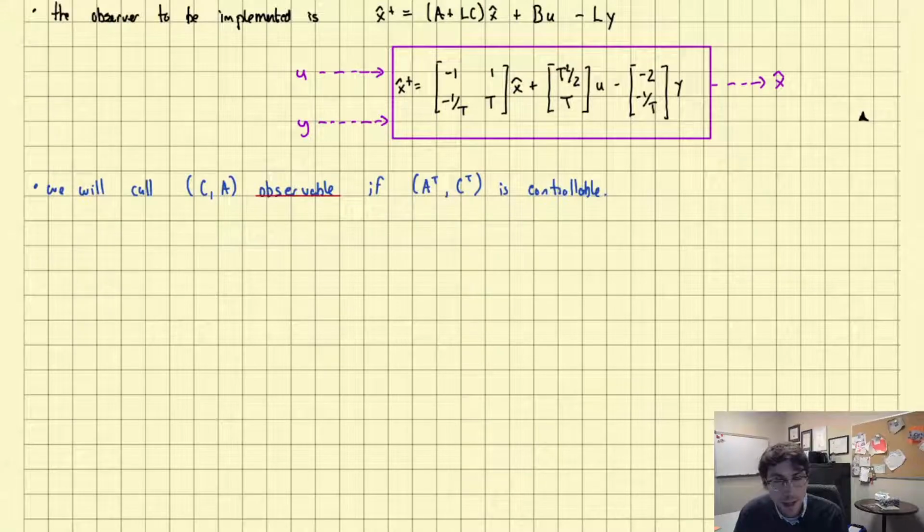And if you take the controllability matrix of this pair and you take the transpose of it, you'll get what is called the observability matrix.